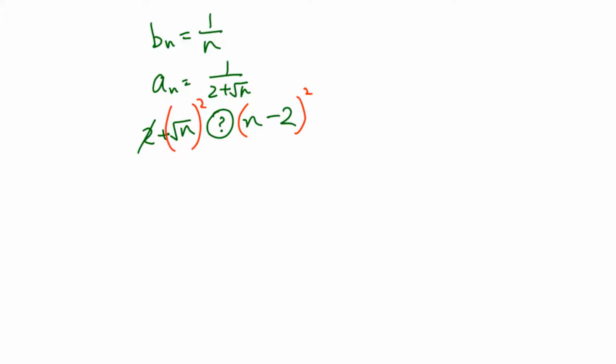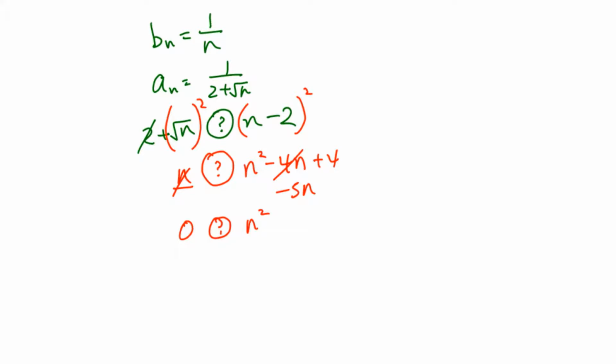Then I have n squared minus 4n plus 4. I'm going to move n to the other side, so I make negative 5n. Here I have 0 and n squared minus 5n plus 4. I can factor this into n minus 1 times n minus 4. Let's graph this.